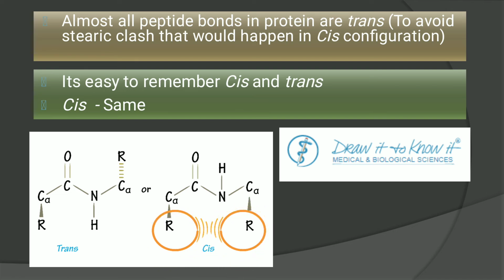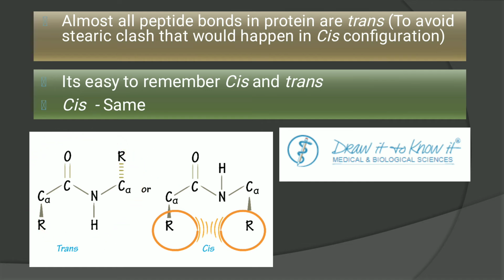This will result in steric clashes, which are marked here. So in order to avoid these steric clashes, the atoms or molecules are organized in trans configuration, like in this figure.